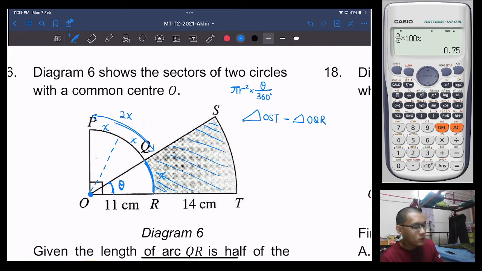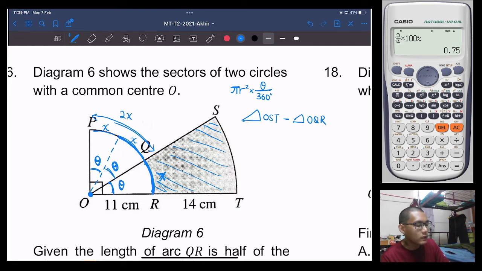What is the value? Here the arc length is x. Let's say we have x, and here we also have x. Since the arc lengths are equal to each other, that means they have the same size of angle for each sector.